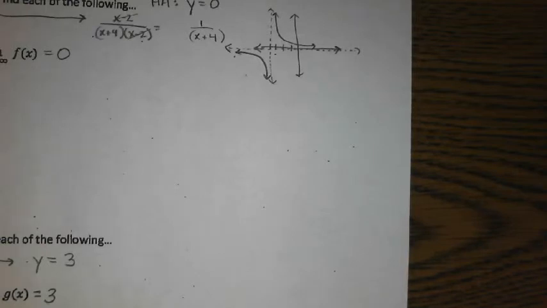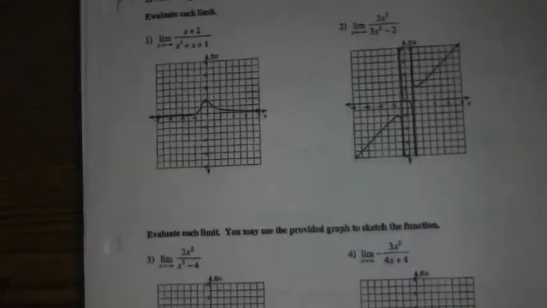I might have to switch this up. How about on your homework worksheet, just do the first 4 on the front, so this 1 through 4.